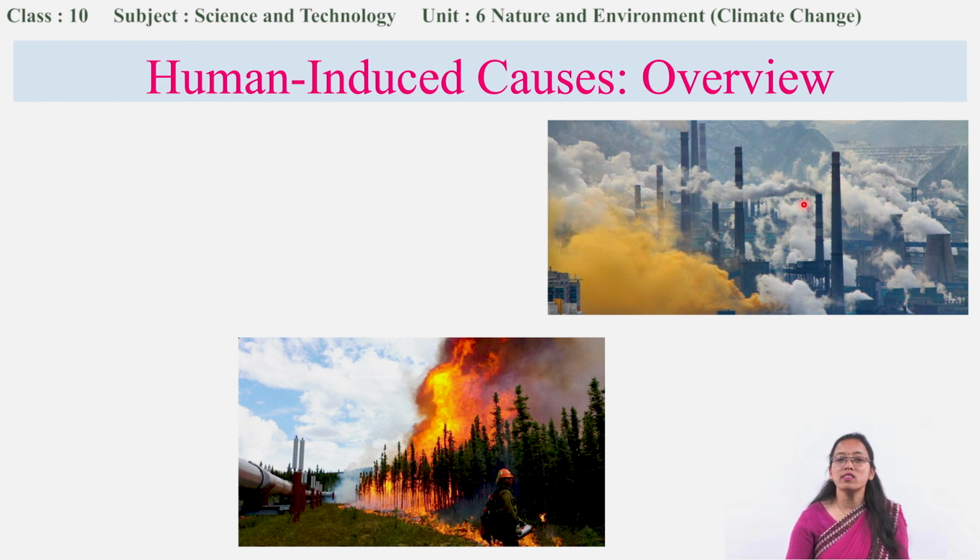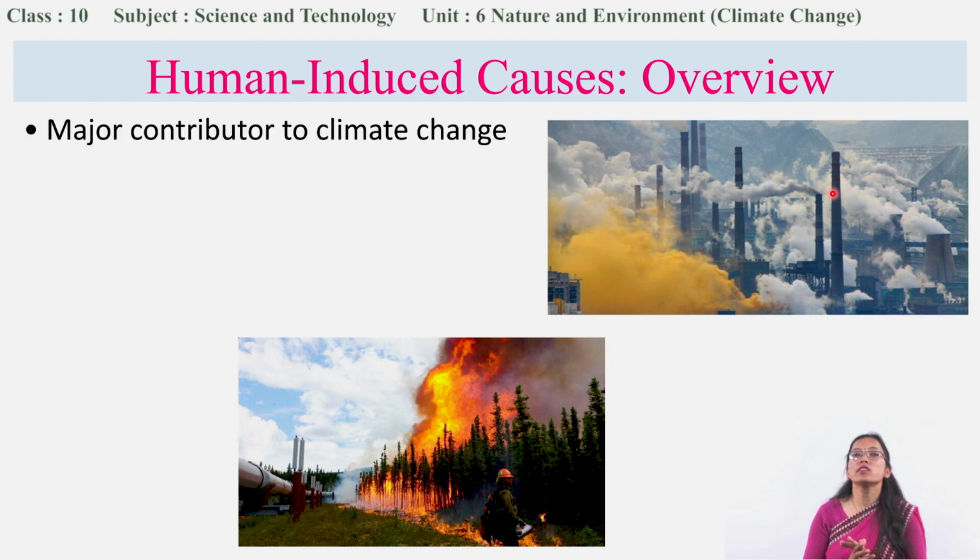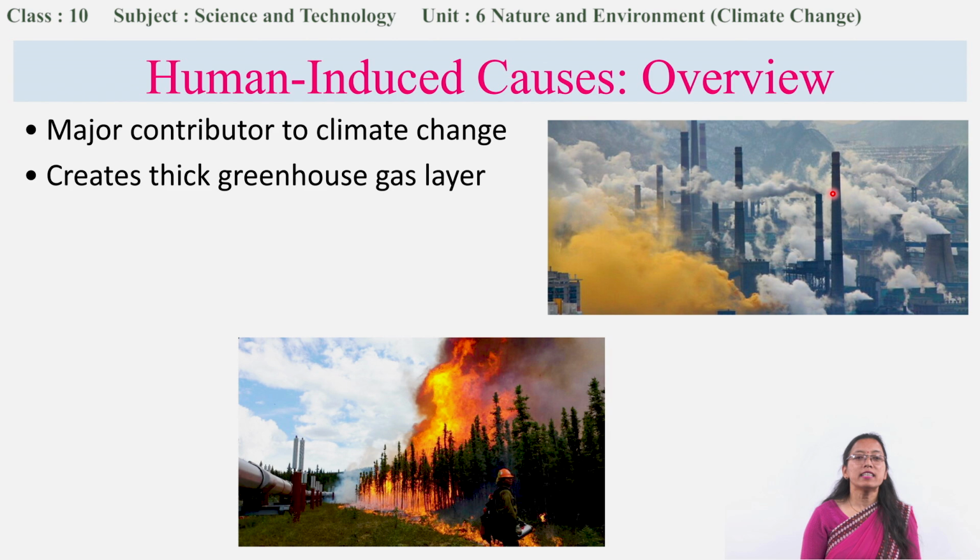From those industries different kinds of gases are released, and even human beings are creating different hazards in the environment like firing. Yes, sometimes in the name of development we are constructing different roads, transportation, etc. Those are also causing the climate change. That means the major contributors of the climate change are human induced causes, which create a thick greenhouse gas layer.